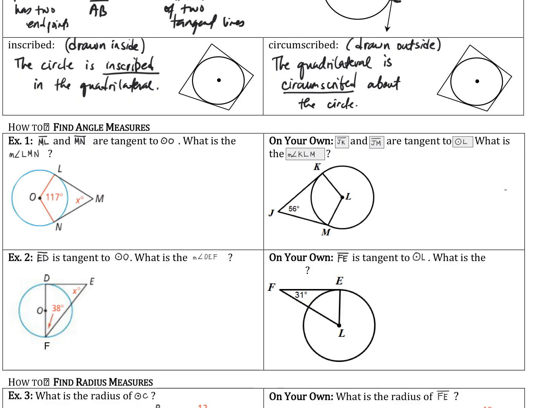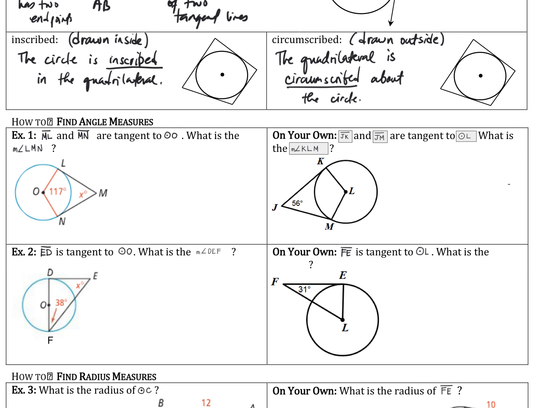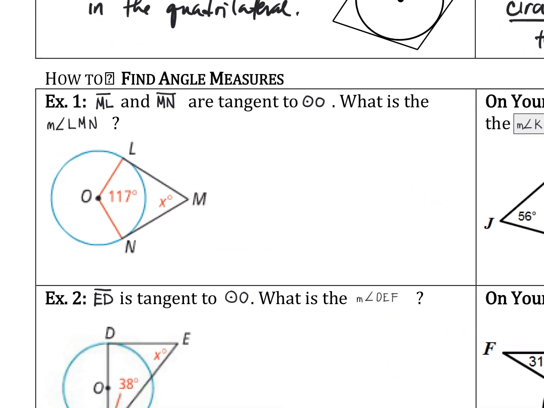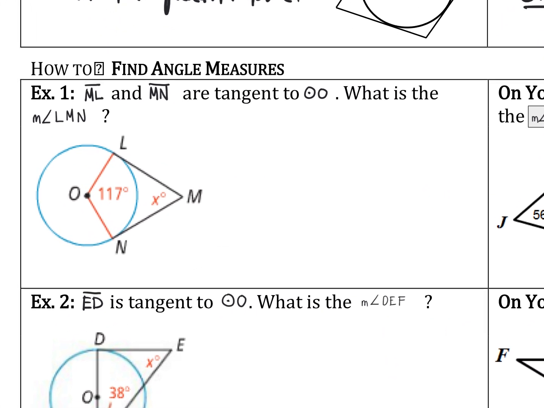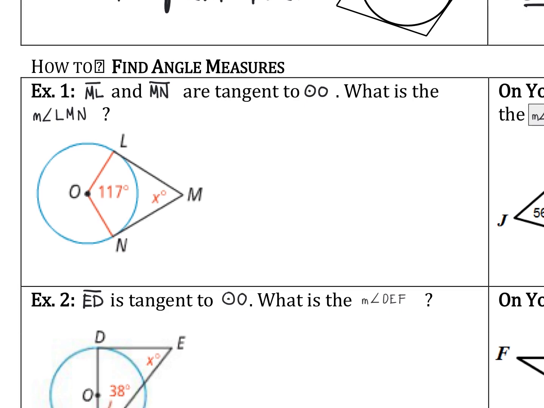So how do we find angle measures? Example 1. Line segments ML and MN are tangent to circle O. What is the measurement of angle LMN?